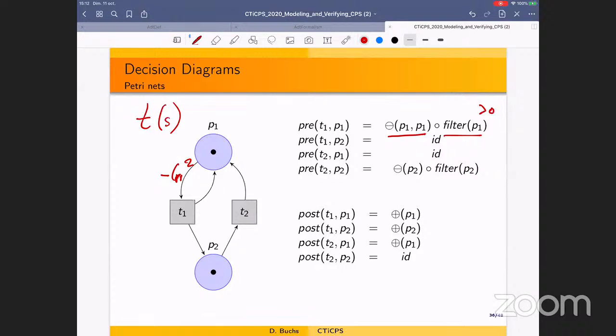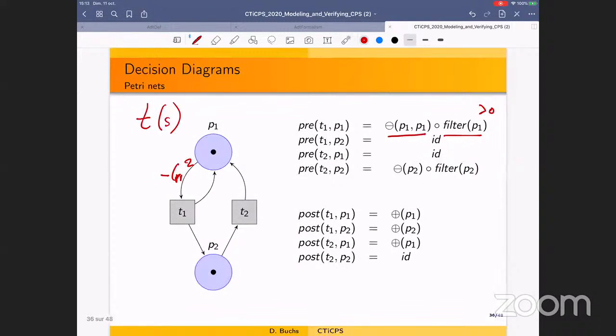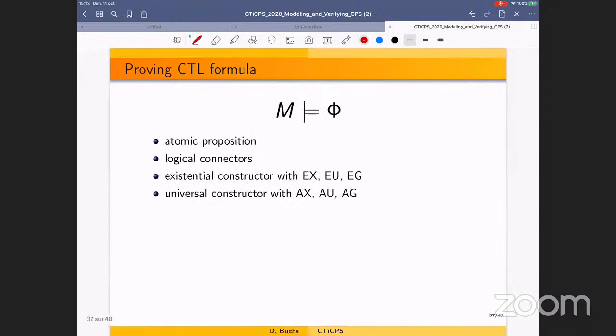Otherwise, you cannot apply the T. This is the principle here. If the transition is not fireable, it means that there is no resulting marking, and so on. So I don't want to detail this aspect, but this is done by many homomorphisms that are building the behavior of the transition. So, in summary, we have made a way of computing M.